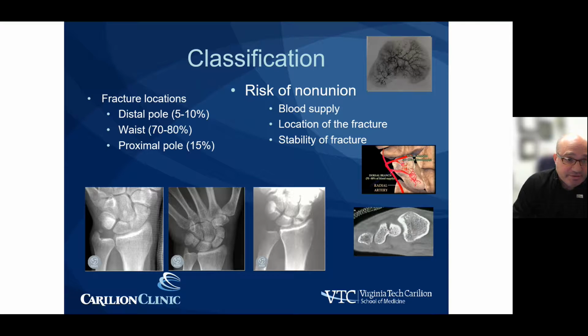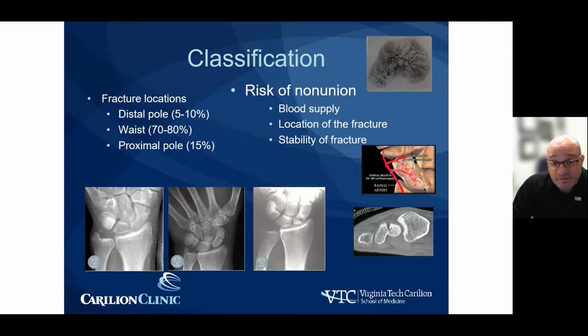Like anything in orthopedics, we have to describe our fracture patterns with regard to classification. Our classification for scaphoids is based on location, and we refer to it as distal pole, waist, or proximal pole. Again, the risk of non-union is due to the precarious blood supply, but also the localization of the fracture, meaning the proximal pole has a higher risk of non-union, as well as comminuted fractures; the more comminuted the fracture is, the more likely you can have a non-union.